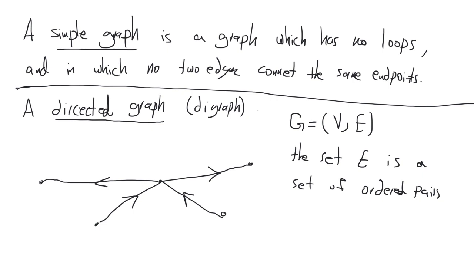Instead of just a set of two elements, we now take ordered pairs, and so E is just some set of ordered pairs. And when we write the two endpoints in the ordered pair, we mean that the edge is directed from the first element to the second element.